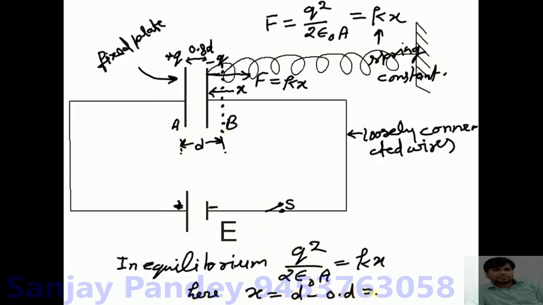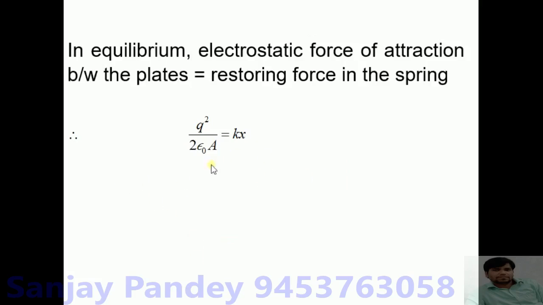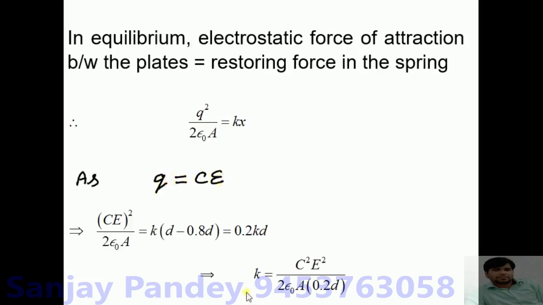In equilibrium, Q square upon 2 epsilon naught A is equal to Kx. Here X is equal to the initial separation between the plates, D, minus the final separation between the plates, 0.8 D. It will be equal to 0.2 D. As Q is equal to CE, therefore we can write, from here we get K is equal to C square E square upon 2 epsilon naught A into 0.2 D. Now again C is given by epsilon naught A upon the distance between the plates.